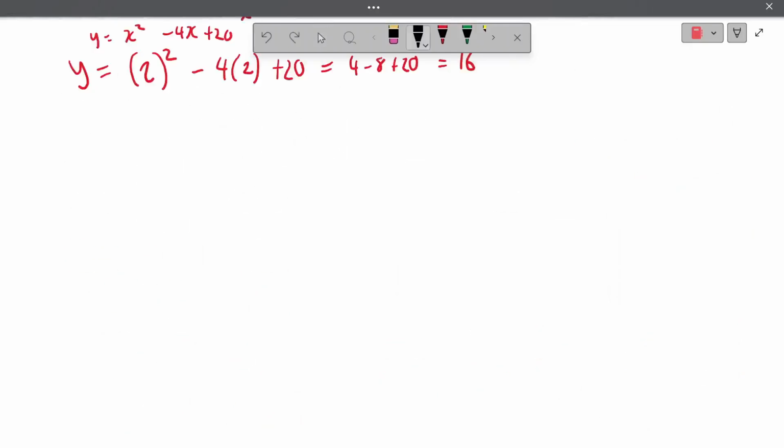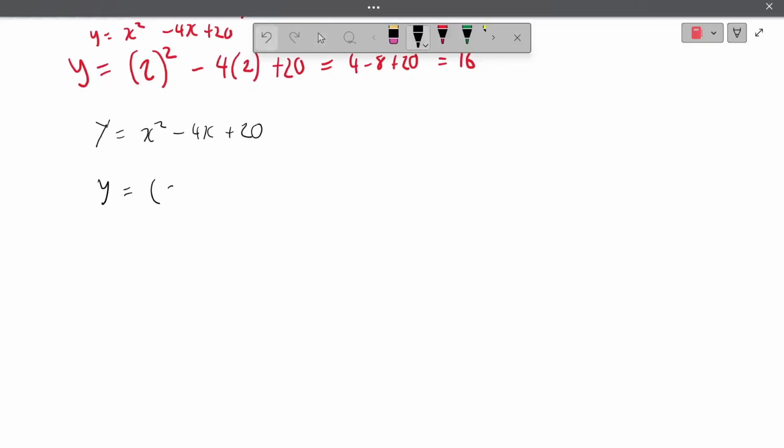We also could use completing the square. So we have y equals x squared minus 4x plus 20. We then have y equals (x minus 2) squared minus 4 plus 20, which is y equals (x minus 2) squared plus 16.